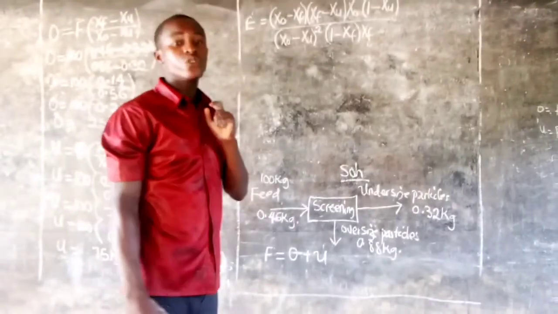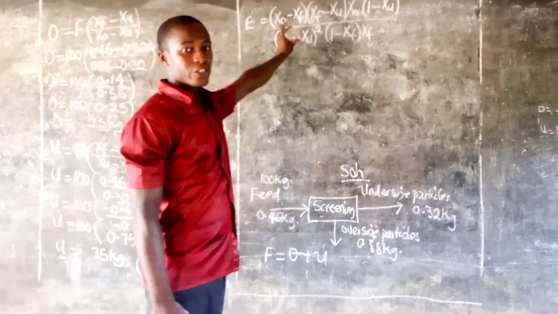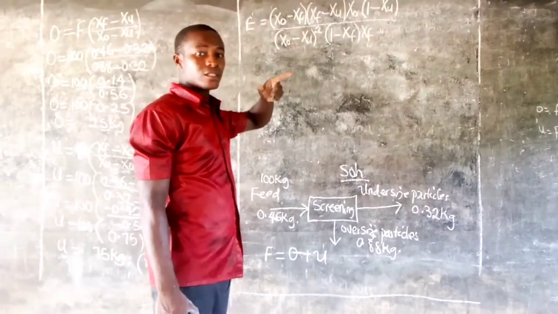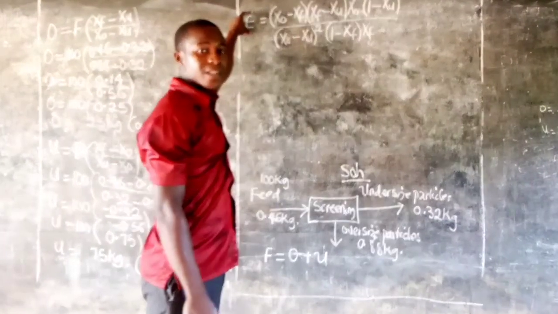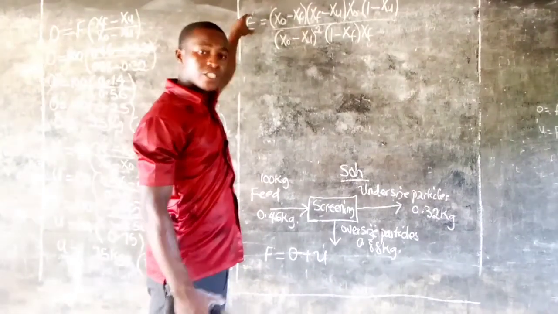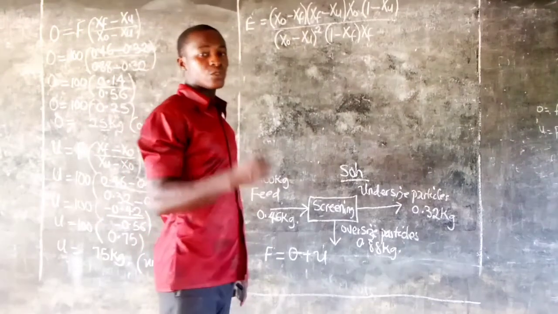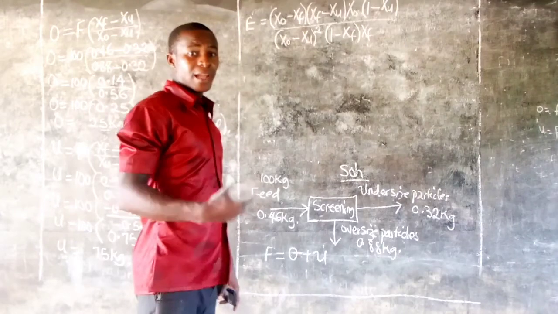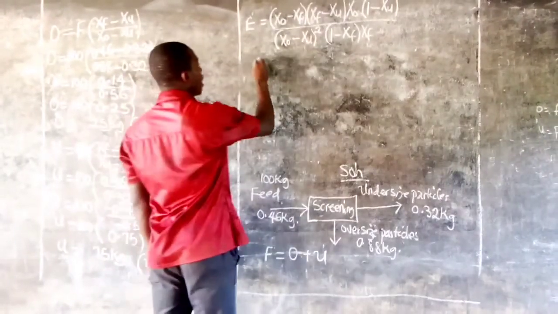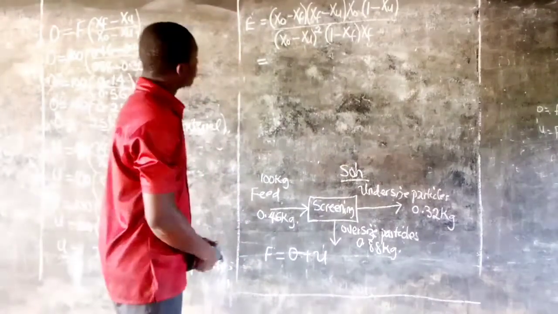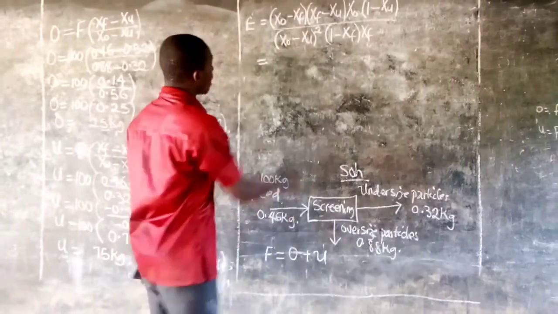So now what we are going to do here is substitute all the mass fractions, the oversized, undersized, and the feed, and then with that we are going to get our effectiveness of the screen, the ability of the screen to effectively separate the feed into an undersized material and the oversized material.